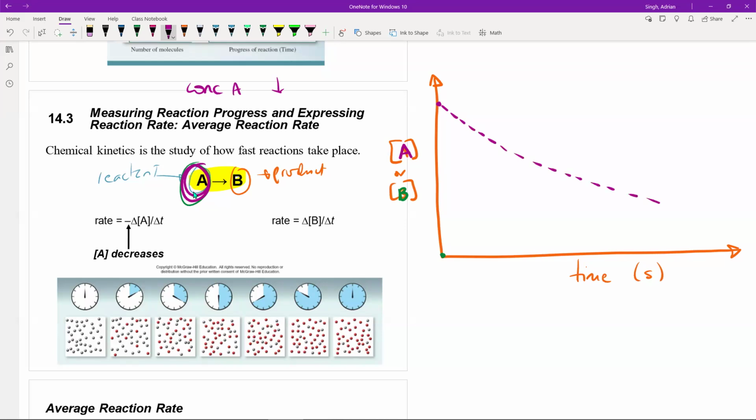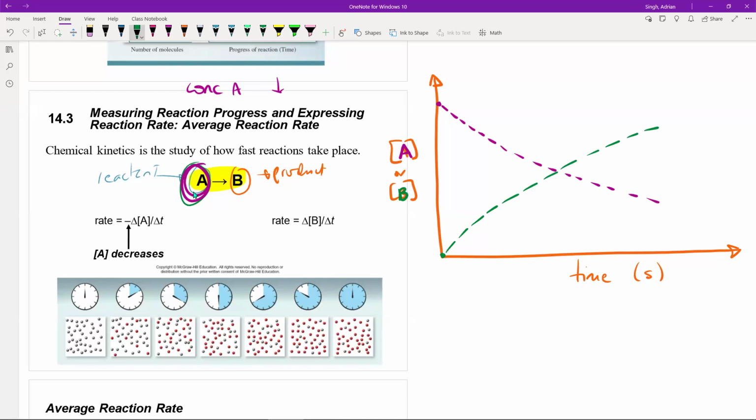And guess what happens simultaneously to the concentration of B, the product? At the beginning, we don't have any B, but as A is converted to B, the concentration of B starts to increase. So the concentration of B goes up as time passes, and the concentration of A goes down as time passes as well.